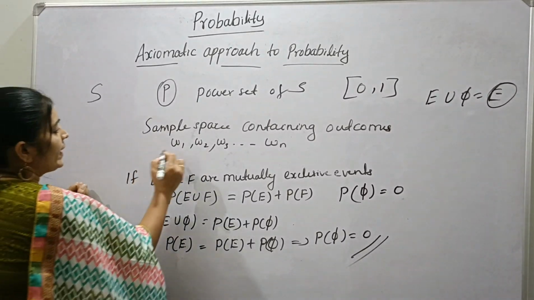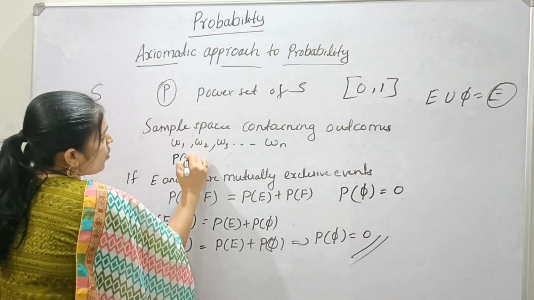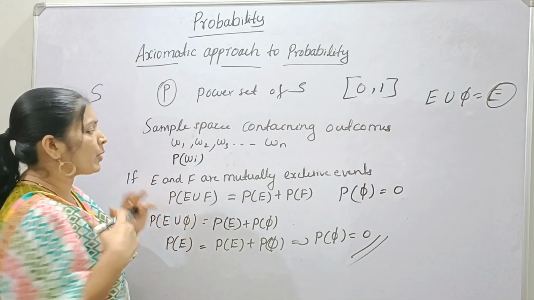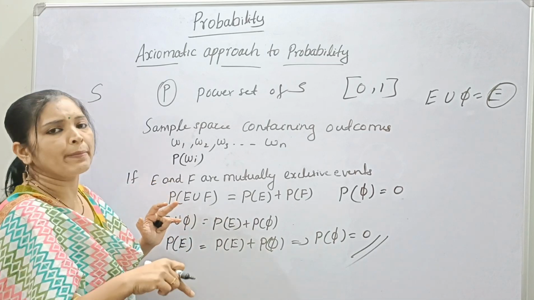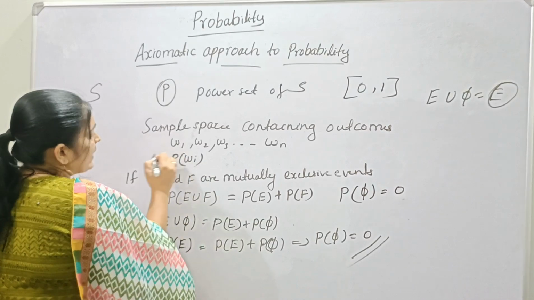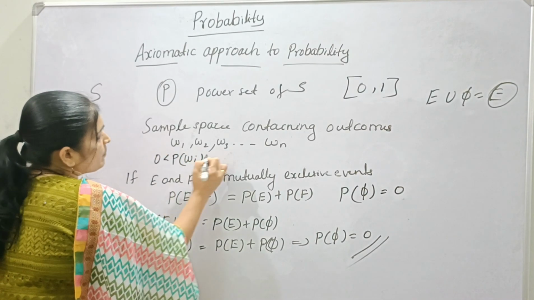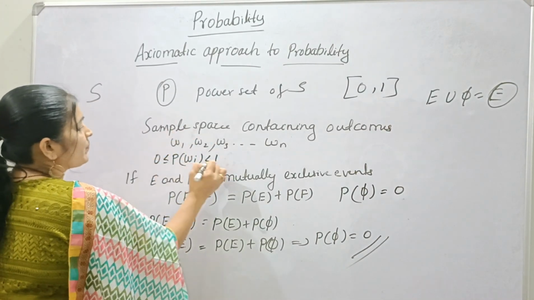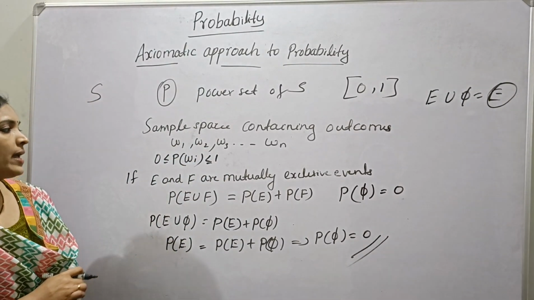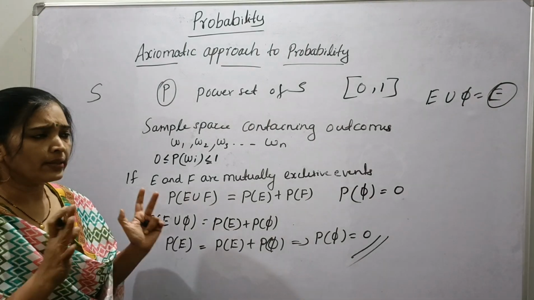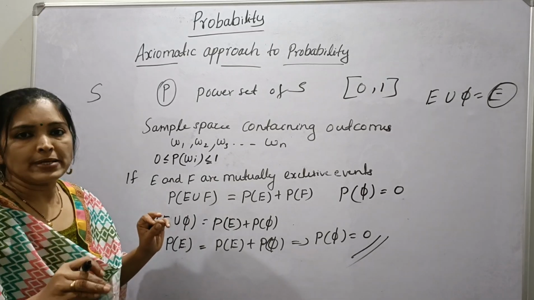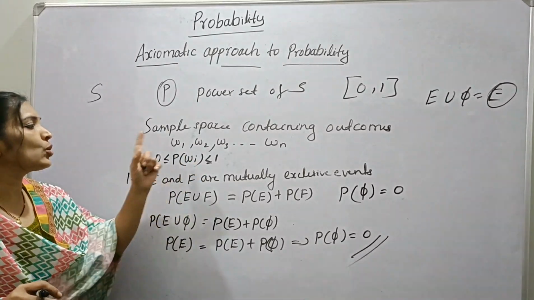Then we can write probability of omega i: 0 is less than or equal to probability of omega i, which is less than or equal to 1. That means the probability of any outcome in the sample space is between 0 and 1.